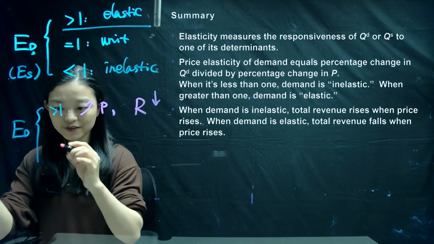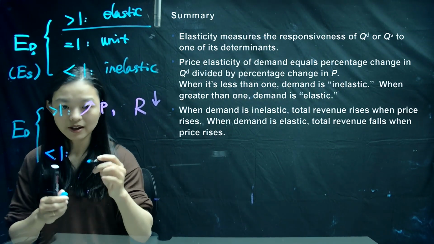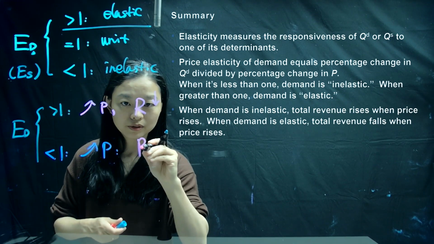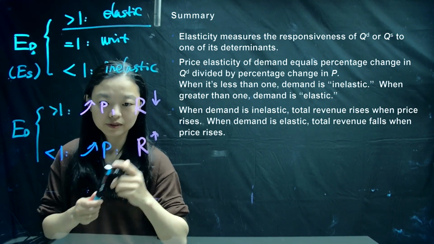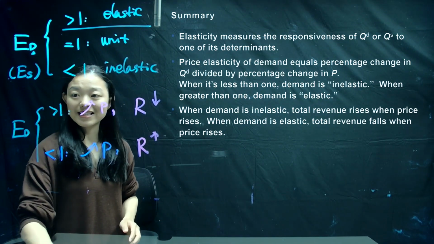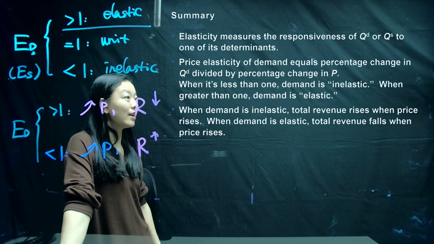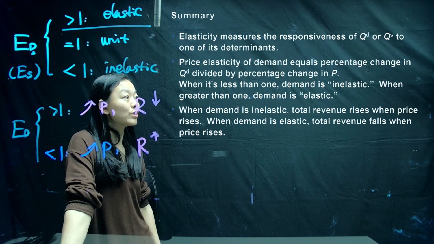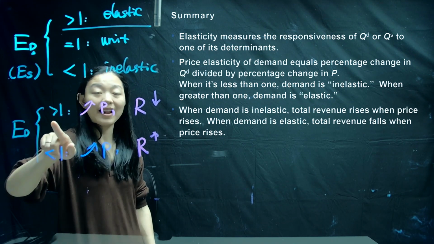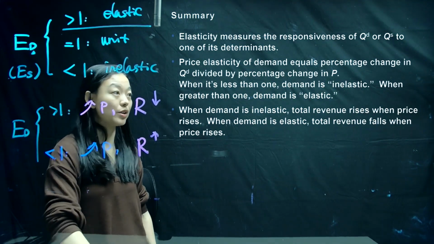If it's inelastic, then increasing the price will bring more revenue. So this tells you the relationship between price elasticity of demand and total revenue. When demand is inelastic, total revenue increases when price increases. However, when demand is elastic, total revenue decreases when the price increases.